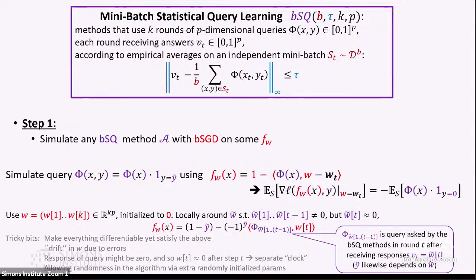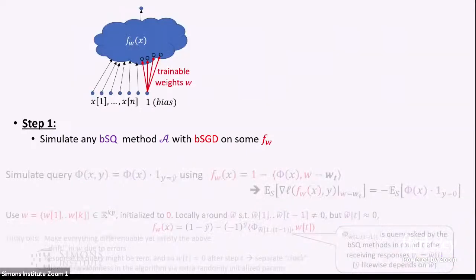But making this into a neural net is actually the easy part. So what's going on here? What we define here is just some function that depends on the inputs, the x, and a bunch of parameters. I can think of these parameters as just weights going from a fixed bias term to the function.